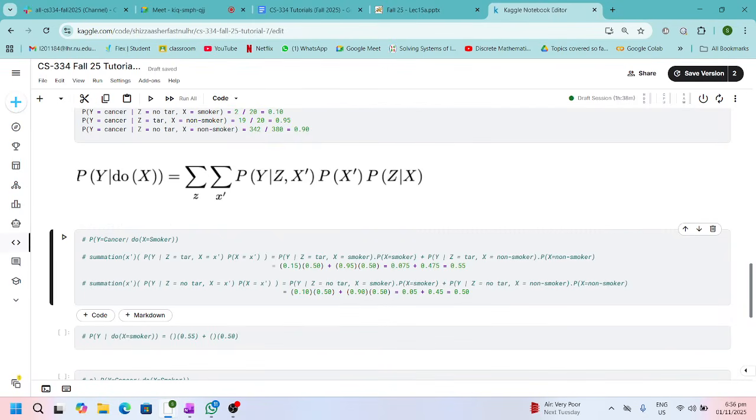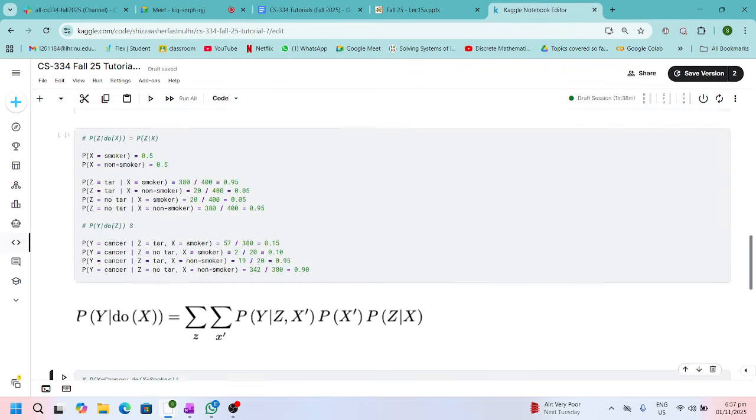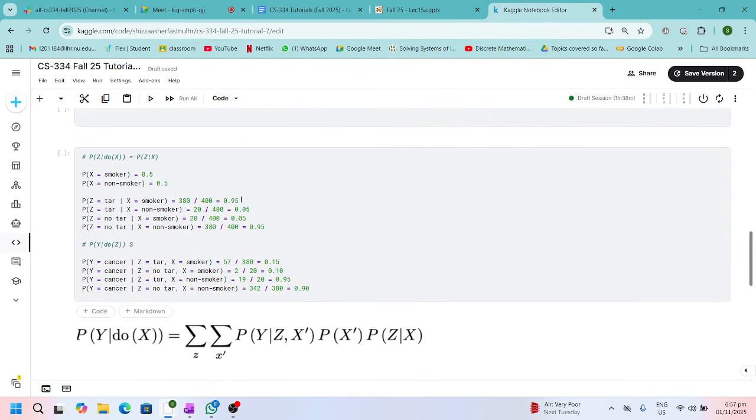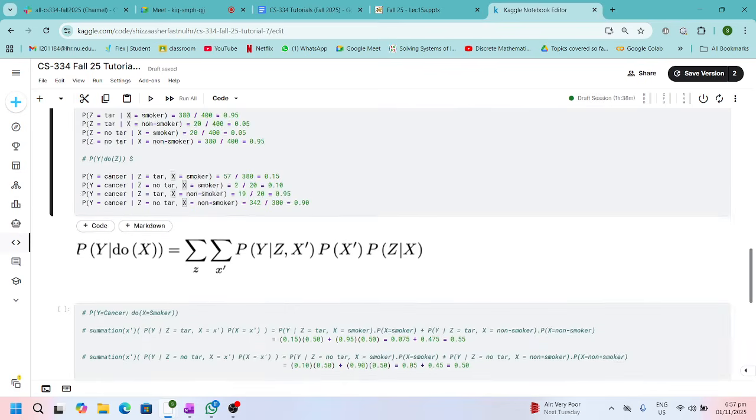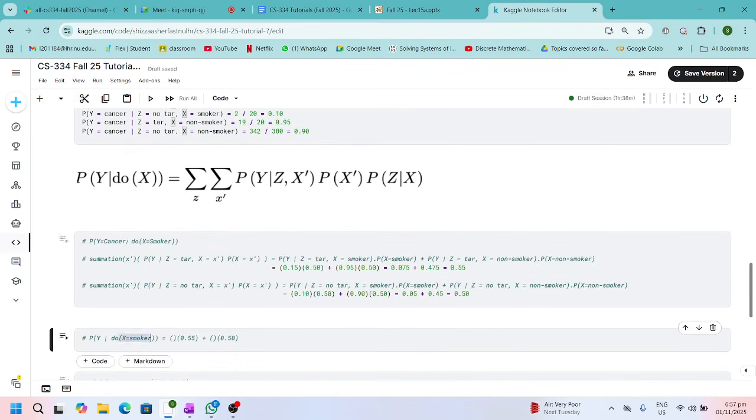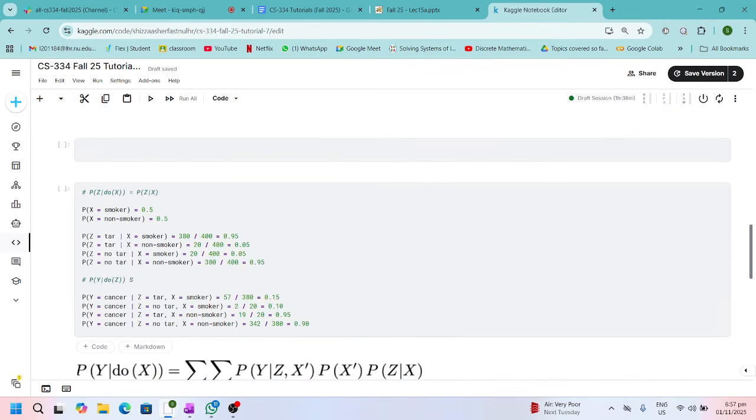So in the case above where we calculated 0.55, what is x given to us as? Okay, let's see. This is the value that you're looking for, because right now you are intervening and checking when x equals smoker.